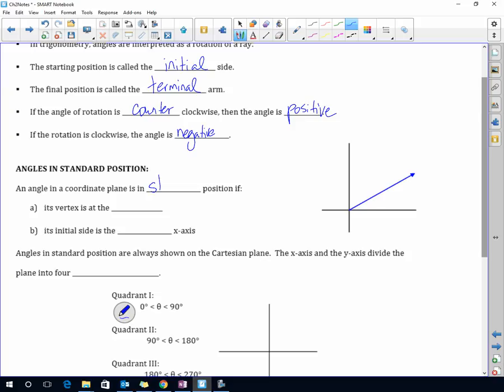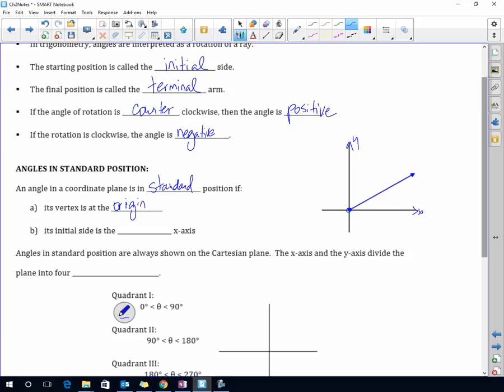Here's my y-axis and my x-axis. And the initial side is the positive x-axis. So right here, this is called the initial side.